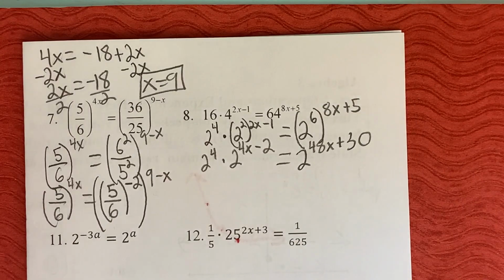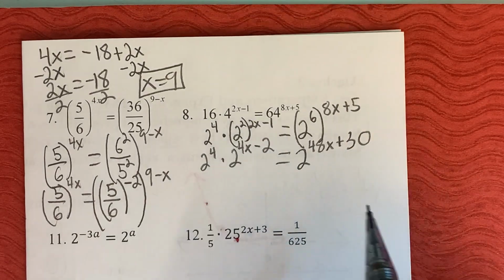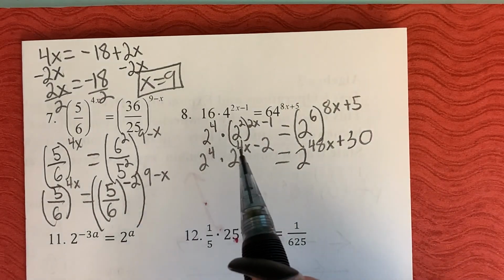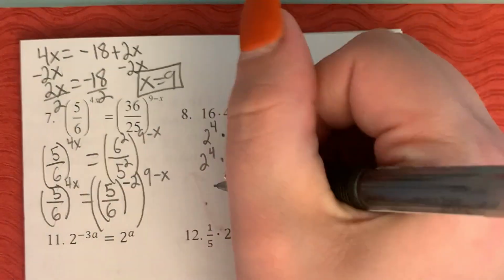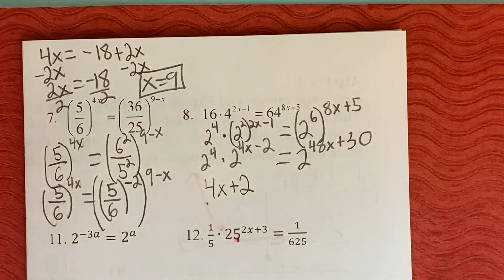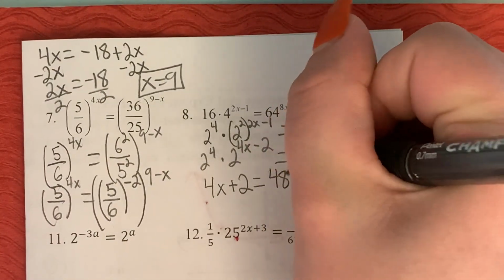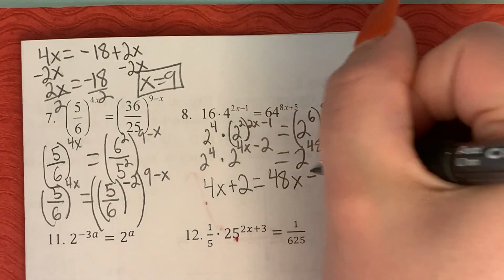Because when we raise a power to a power, we multiply. But when we multiply, we add our exponents. So I'm going to do that in a separate equation. I'm going to add 4 to 4x minus 2, which gives me 4x plus 2, and that'll be equal to the exponent on the other side, which is 48x plus 30.